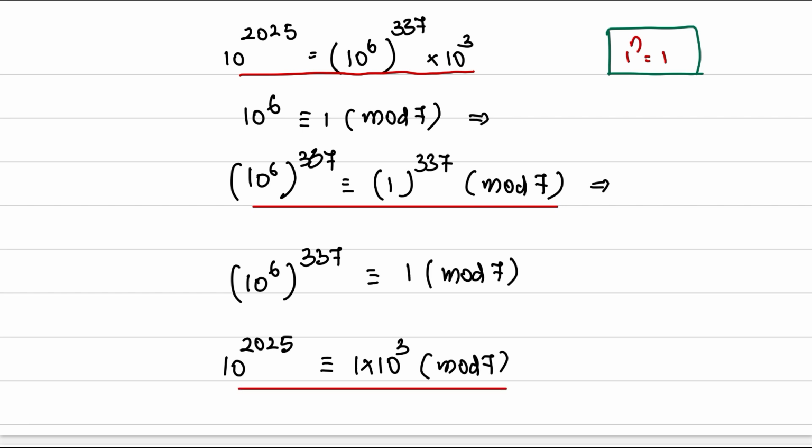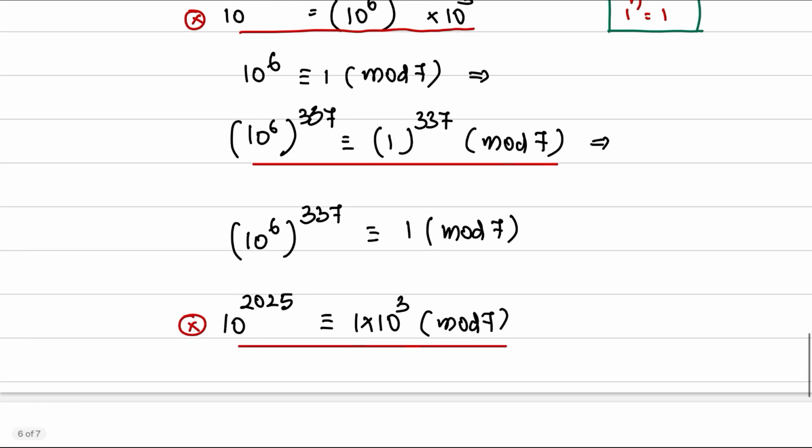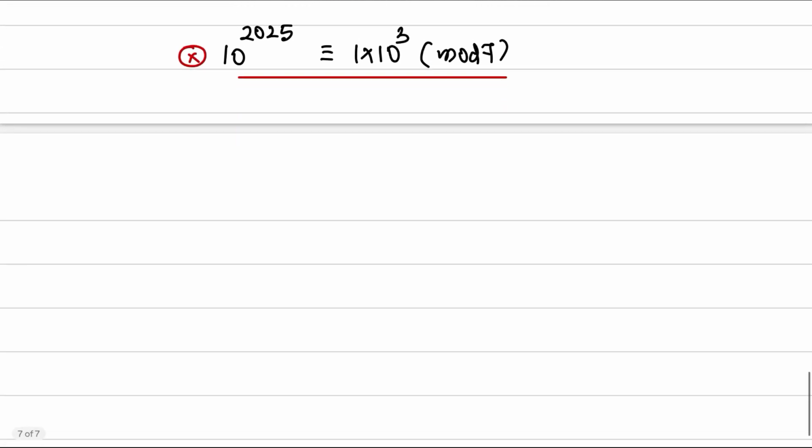This step has come from this step. We are simplifying. Now, what is the next step? This can be written as 10 to the power of 2025 equivalent to 1000 mod 7.